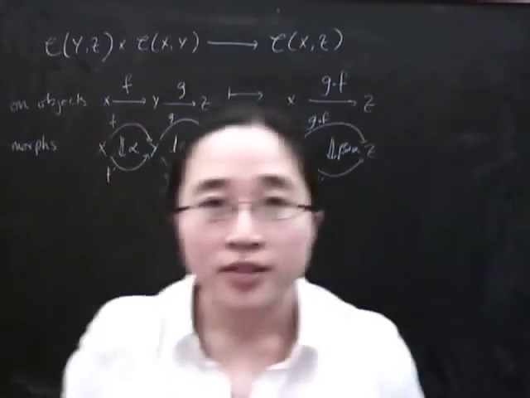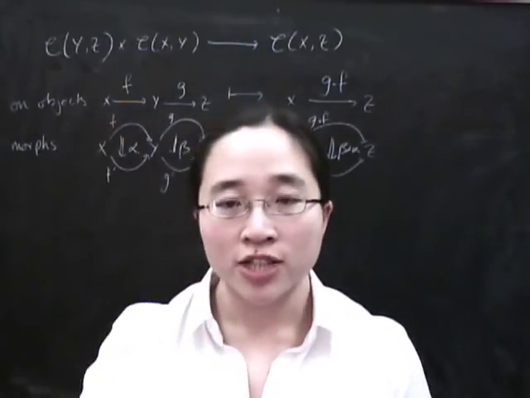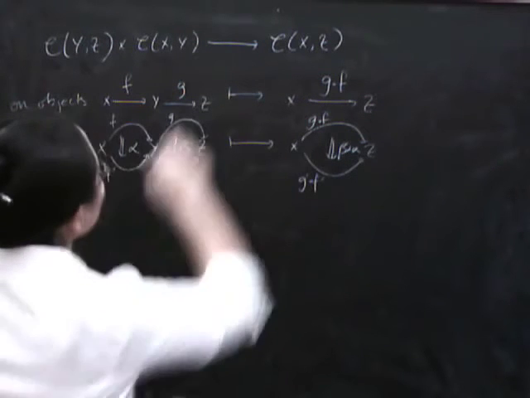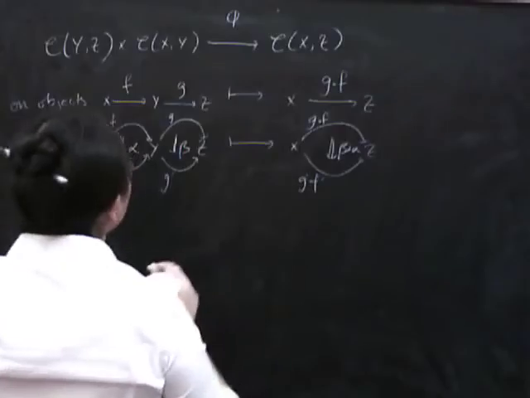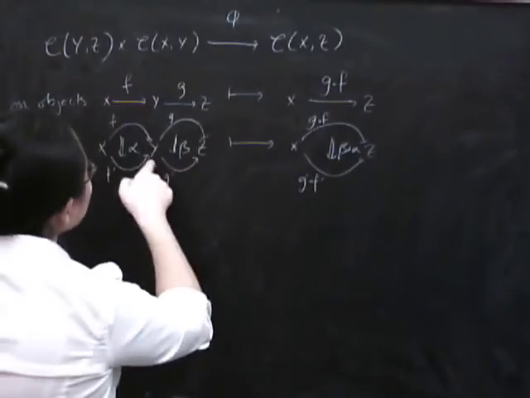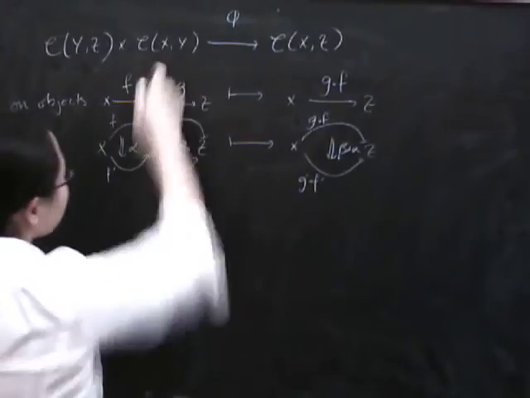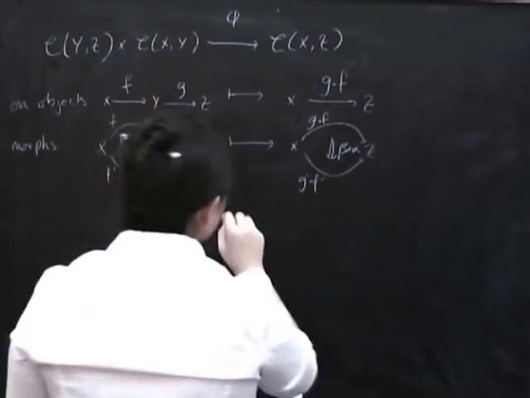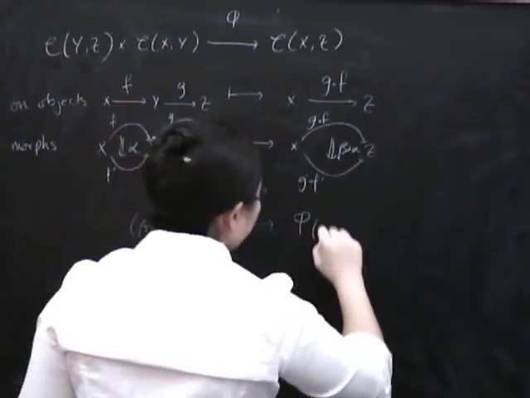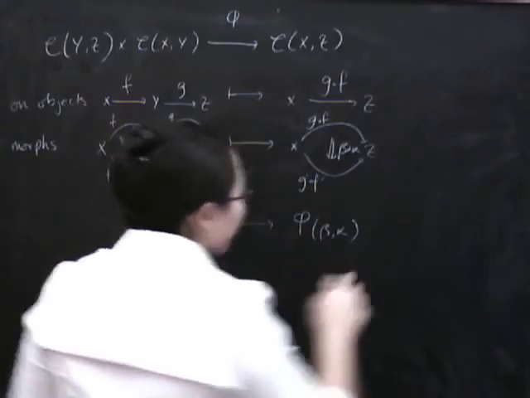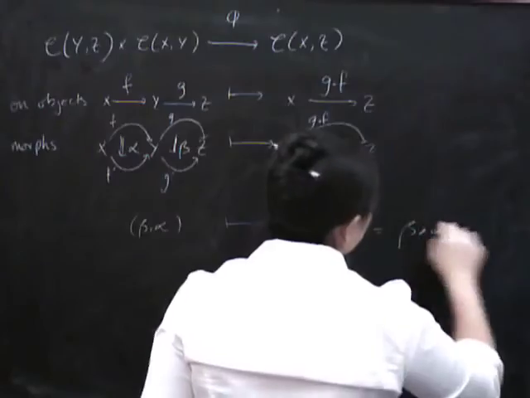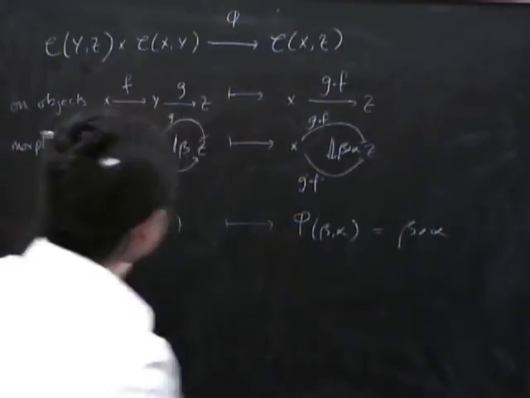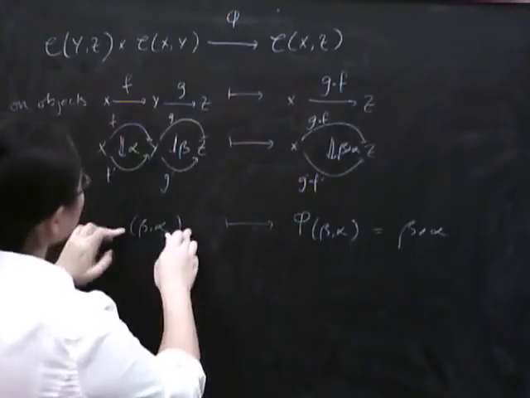The key to seeing how this corresponds to the middle four interchange law is to remain calm and possibly give yourself a bit more notation. So let's call this functor phi. Now remember that this is a morphism in this product category, which we could call the pair beta alpha. So this gets sent to, we apply the functor phi, which gives us phi of beta alpha, which in fact is what we were previously writing as beta star alpha. So to see what functoriality is, we have to take a pair of composable morphisms in here.